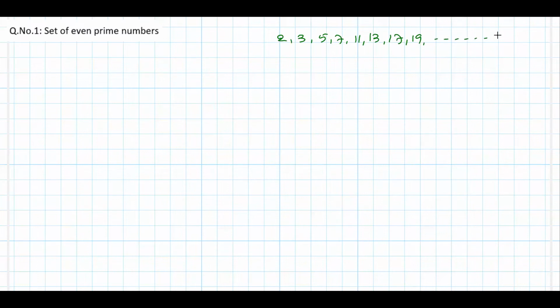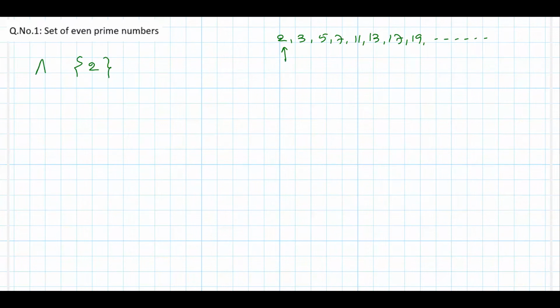If we are talking about prime numbers, there are infinitely many. But the question is even prime numbers, and the only one is the first prime number, which is 2. That is even. So we're going to form a set with the even prime number, with only one element, and the element is 2.